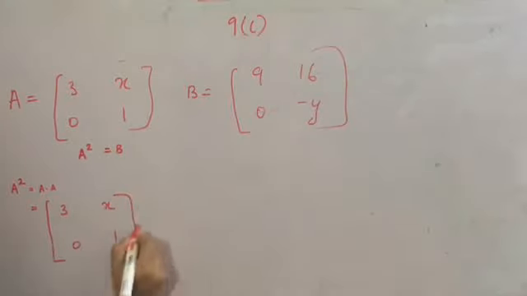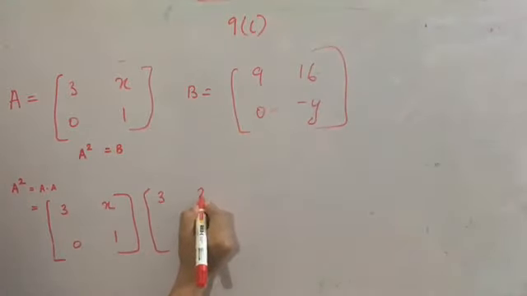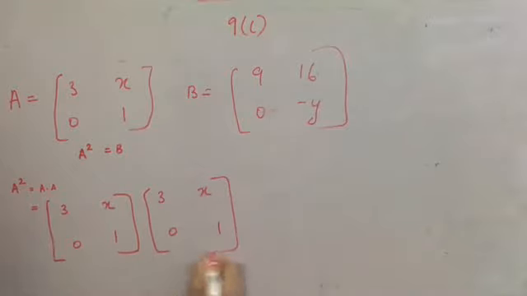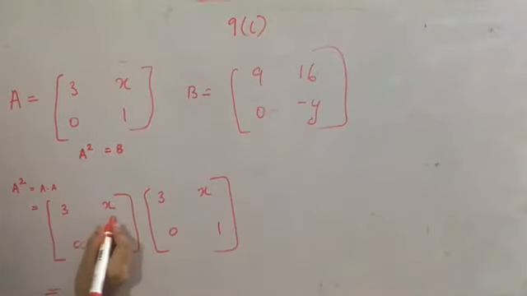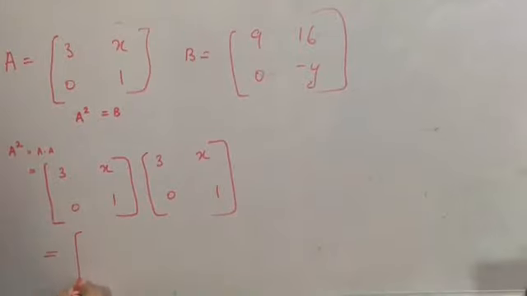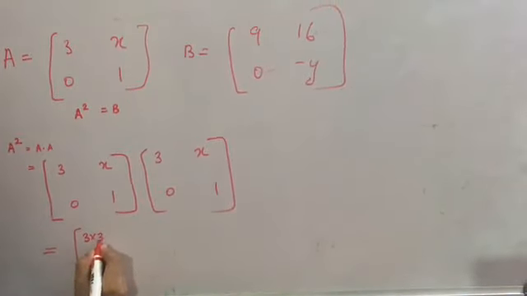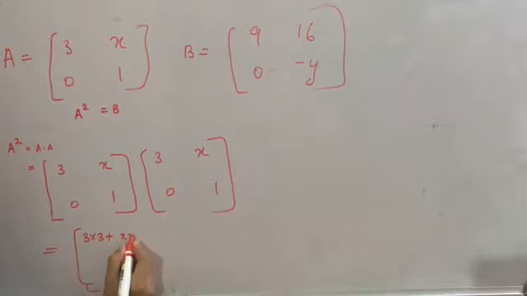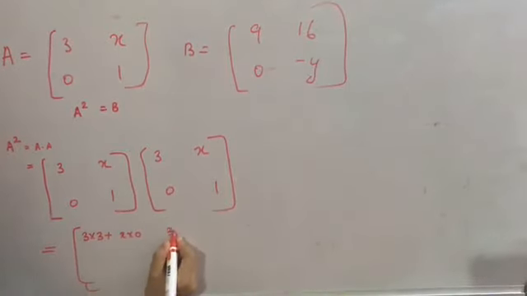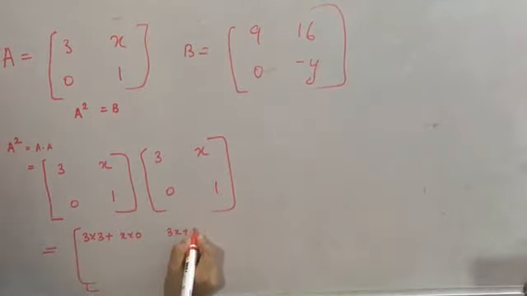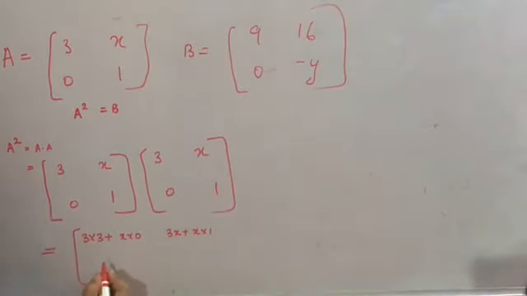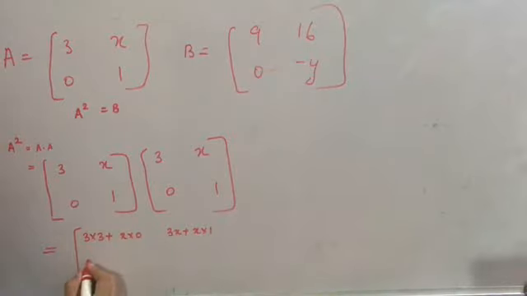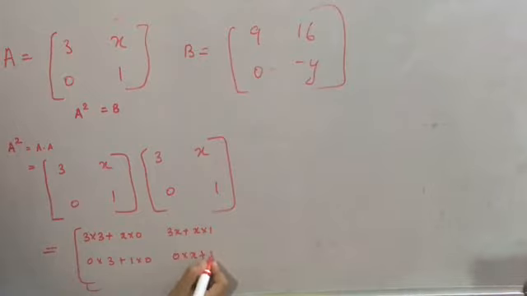So that is [3, x; 0, 1] into [3, x; 0, 1]. So again, first row into the first column: 3 into 3 plus x into 0, 3 into x plus x into 1, 0 into 3 plus 1 into 0, 0 into x plus 1 into 1.